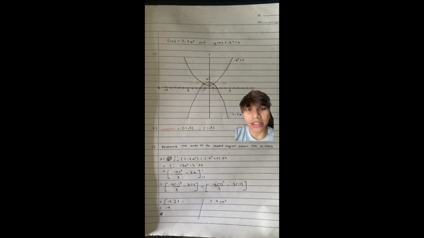The last question, C. Determine the area of the shaded region about the x-axis. First, we need to remember the formula, which is upper minus lower. So the limits are 1 and -1. The integral of bracket 7 minus 2x squared minus bracket x squared plus 4 dx.